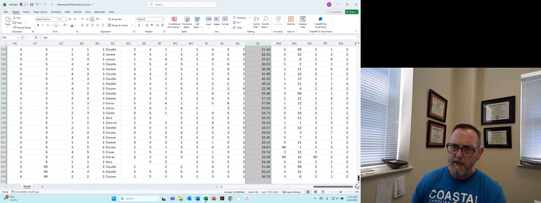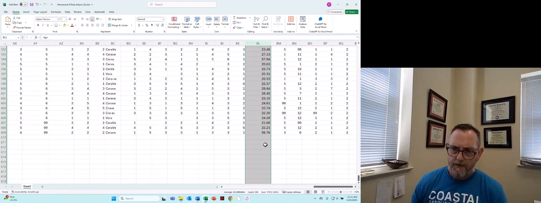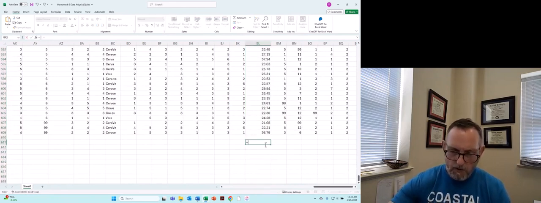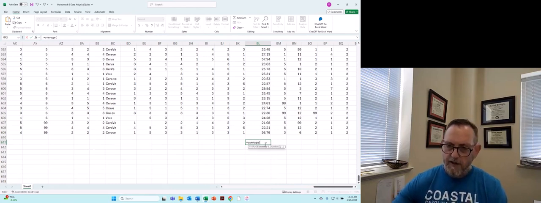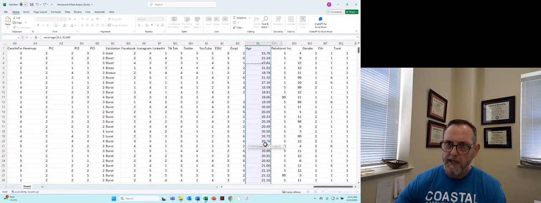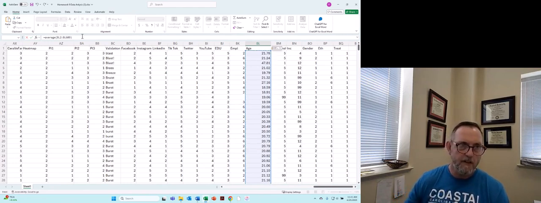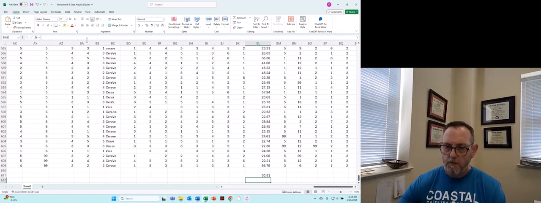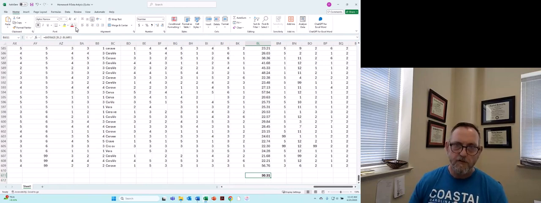We can manually just come down here, and type equal average, and then capture this array here. What that's going to look like, if you look at this average, it just gives us the mean. We'll click on that. This is going to be the average age for the data set. Okay, so that's pretty straightforward.